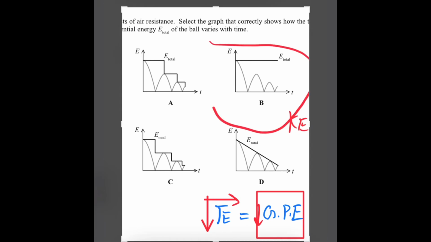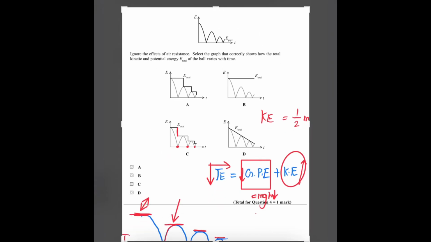B is not correct since the total energy is constant, right? So upon impact, the total energy is decreasing. So here it is an impact, here it is an impact, and here it is an impact. So at impact, the total energy is decreasing, and since I have told you that the kinetic energy is zero at the maximum point, right?